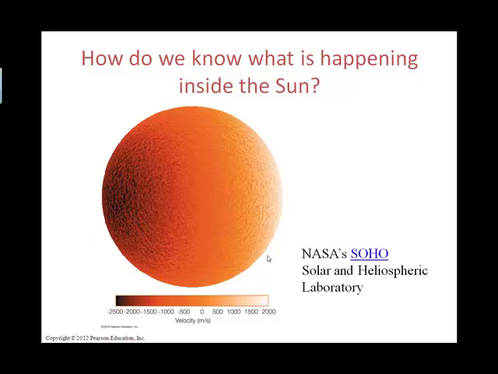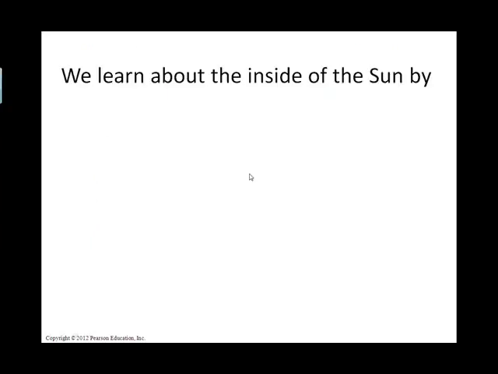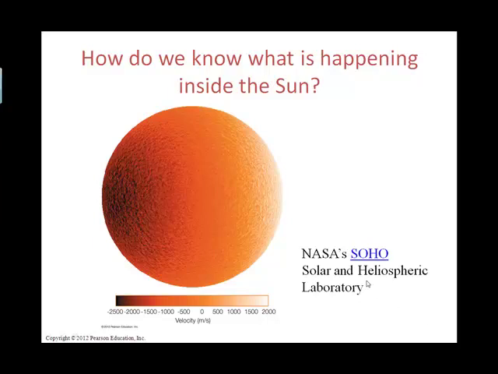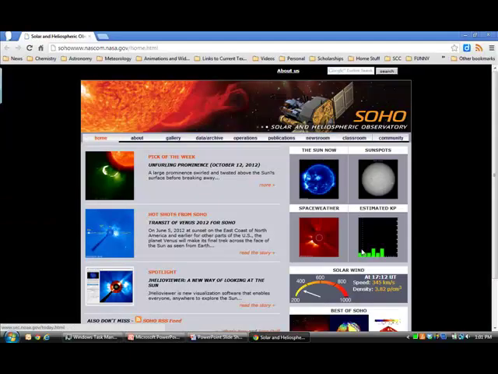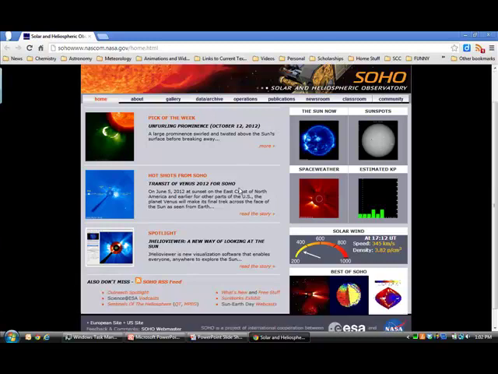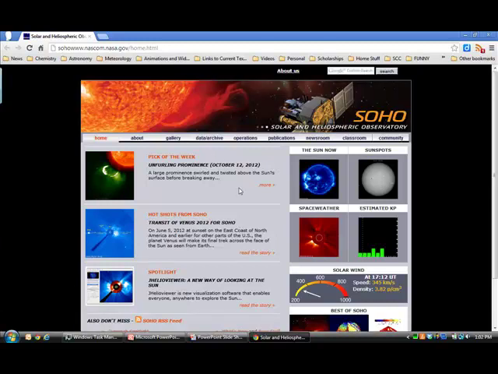So how do we know what's going on inside of the sun? One of the ways is by spacecraft. I'm going to take you to the website called SOHO, the Solar and Heliospheric Observatory. I read a little bit about this particular spacecraft.